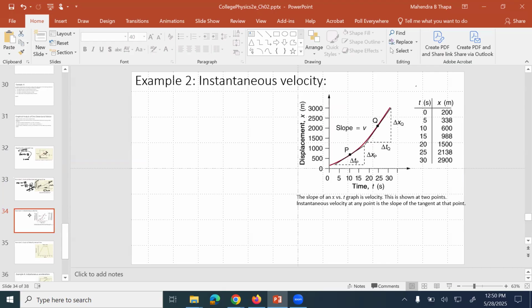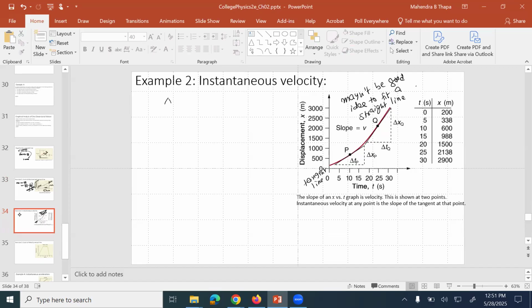In this case, this is a car path, so it may not be a good idea to fit a straight line. So we have to draw a tangent at a particular point. Say this is the point P. We have to draw a tangent line at point P. This is the tangent line. So as before, we have to find the rise over run.